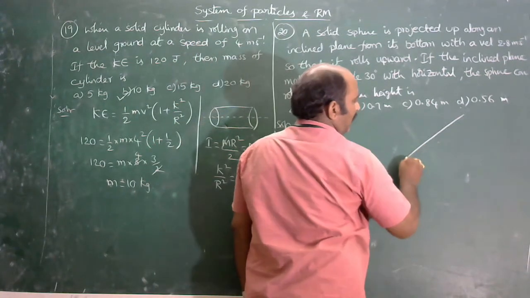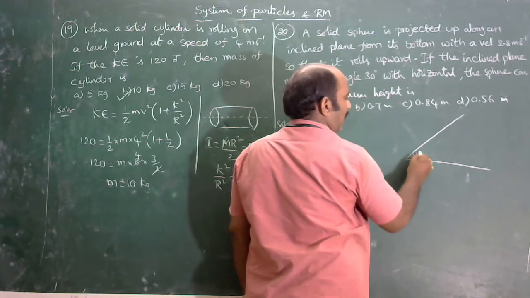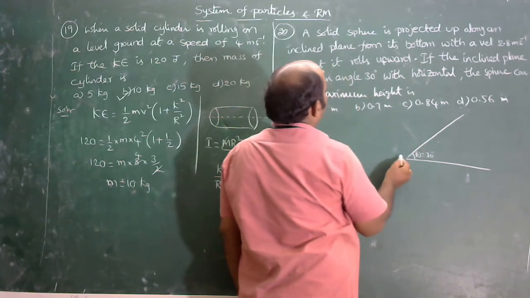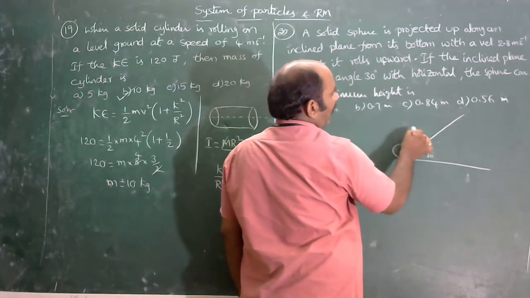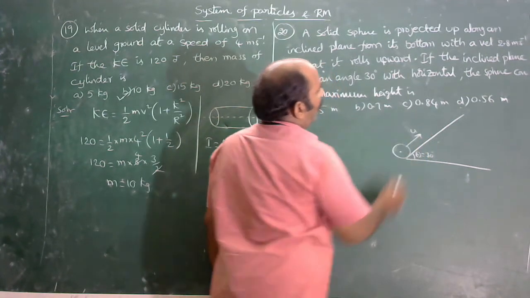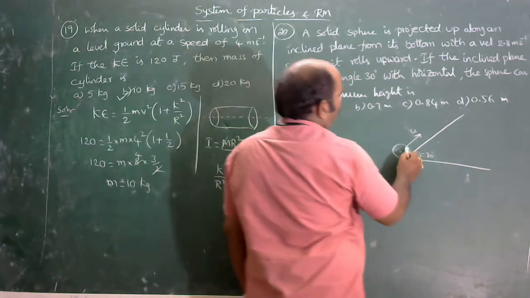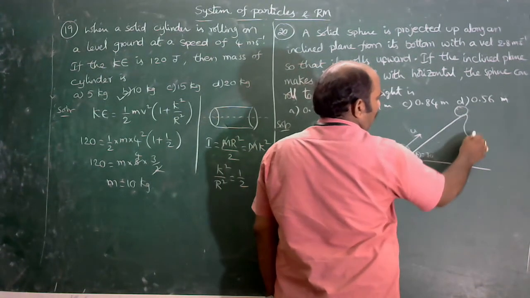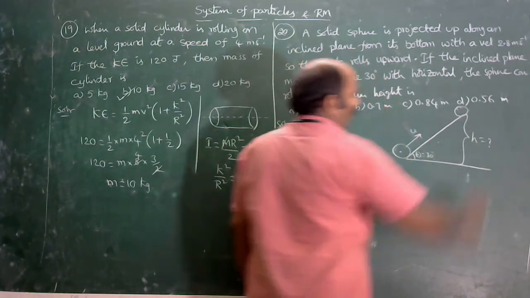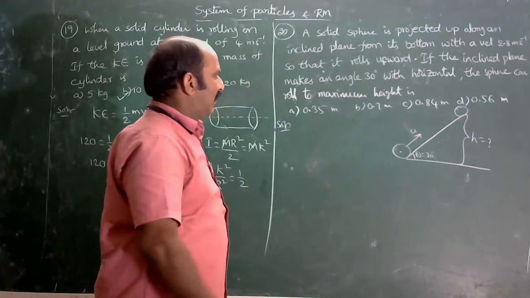First of all, say this is an inclined plane which makes an angle theta, 30 degrees. Now the solid sphere is projected upwards with some velocity u, so that it moves upwards and reaches the maximum height. What is the maximum height now? We'll find out the H value now.